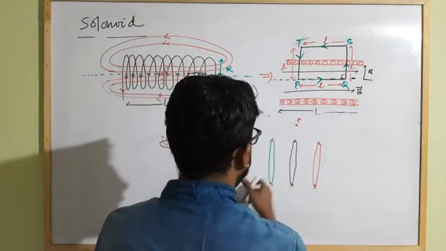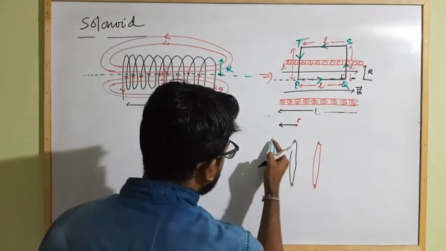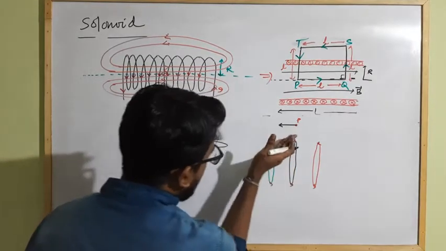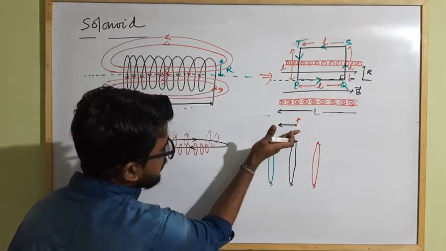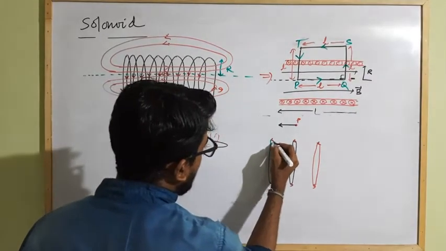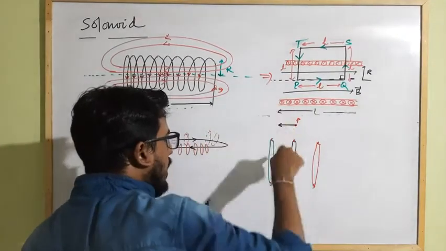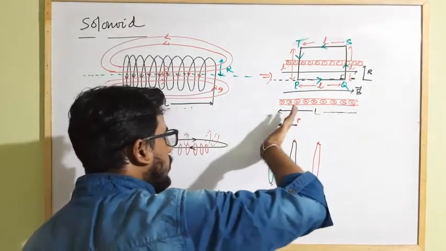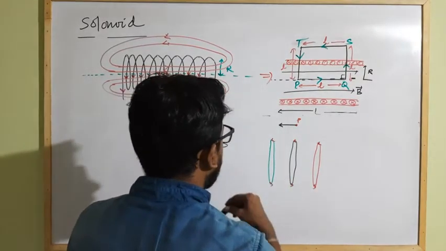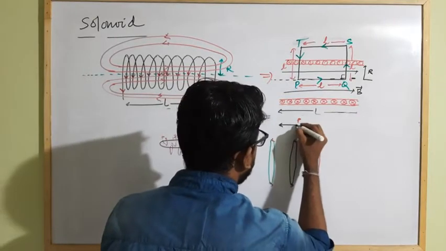Due to this segment at this point, the magnetic field direction will be this. And as due to this current carrying coil, the point is a little bit right towards the current carrying coil, so here the current will be coming in, and for this the magnetic field will be inward. So for this segment the magnetic field strength at this point will be along this direction.